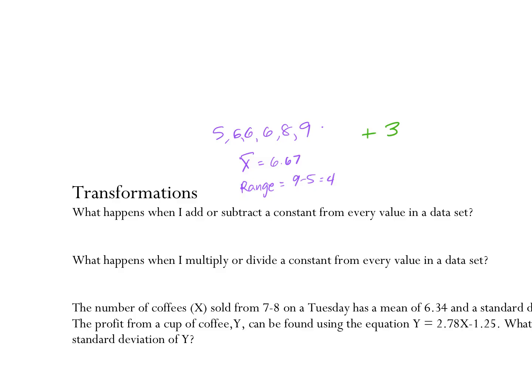If I add 3, the 5 becomes an 8, all the 6s become 9s, the 8 becomes an 11, and the 9 becomes a 12. Does anybody want to guess what the mean of that would be? It's going to be 9.67, 3 units higher. So when I add and subtract, the mean changes with that.